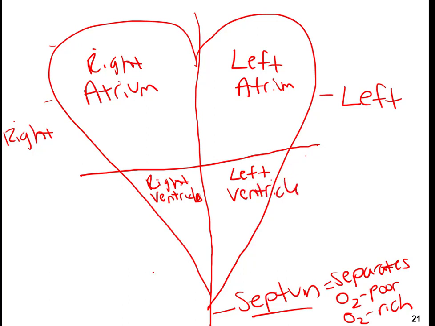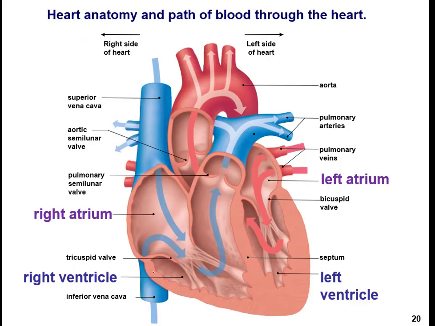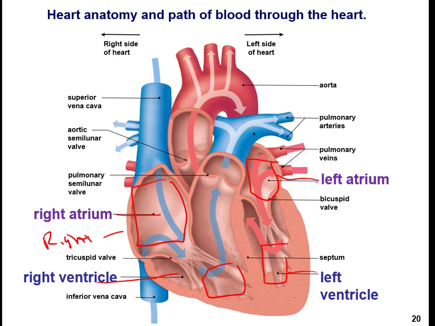So if we look back at the complicated picture, the right side of the heart is on this side. On the top, you have the right atrium, and on the bottom here, you have your right ventricle. Pointing here, right ventricle, pointing here, right atrium. On the left side of your heart, on the top, you have your left atrium, and on the bottom, you have the left ventricle.